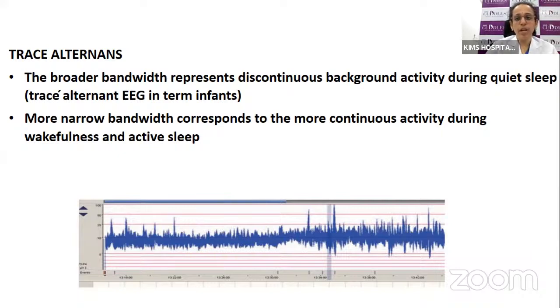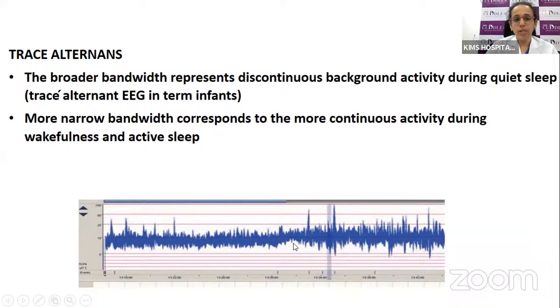So then coming to the trace alternant, which is a normal pattern seen in term babies. The broader bandwidth here represents the discontinuous background activity which occurs during quiet sleep, and the narrow bandwidth occurs during the continuous activity which occurs during the wakefulness and active sleep of the baby.